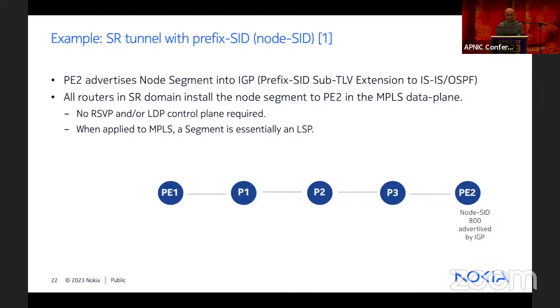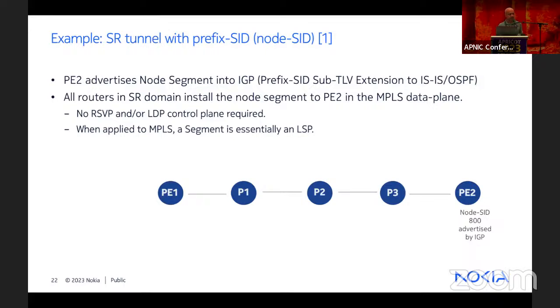So what happens here? Like I said, what the Spring Working Group set out to do was to eliminate some of these protocols that we currently use for MPLS. Now, when using LDP, that label would have been advertised by LDP. In segment routing, it's not LDP.